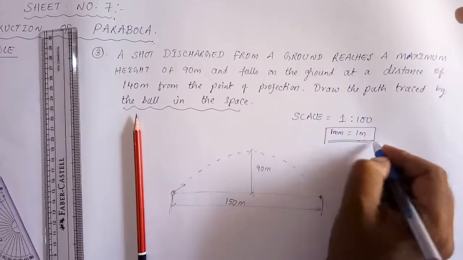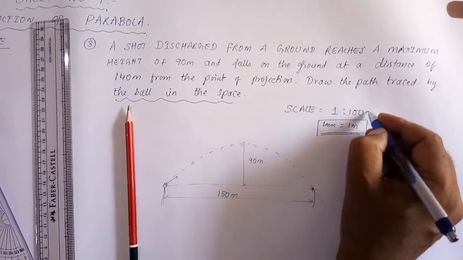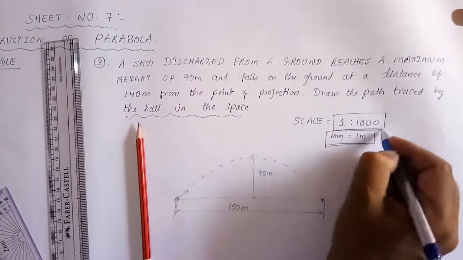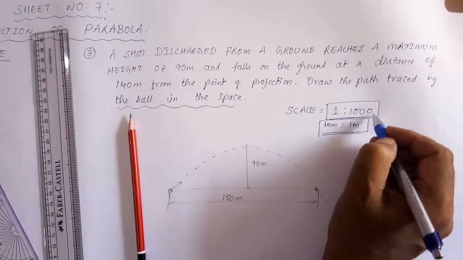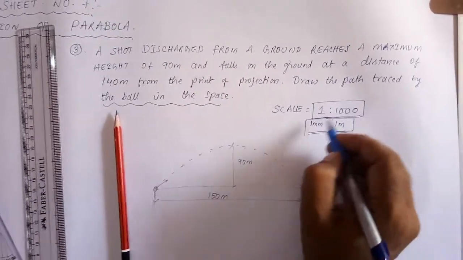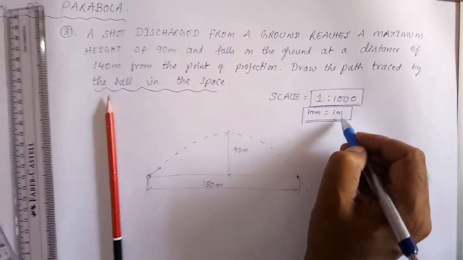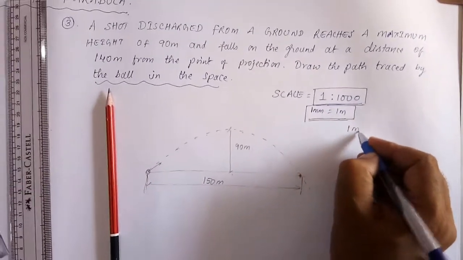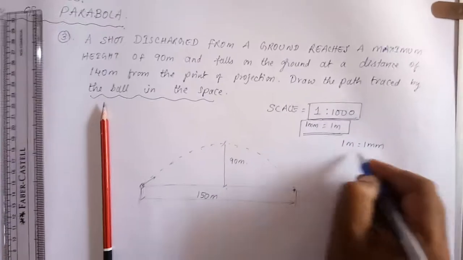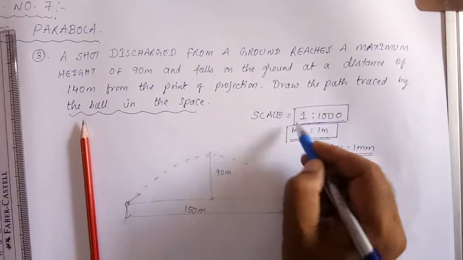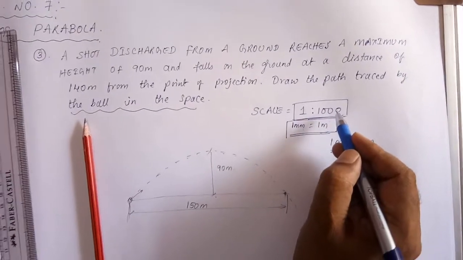You can take a scale of 1 mm is equal to 1 meter. 1 meter is 1000 mm, so 1 mm is equal to 1 meter scale you can select. Then the scale will be equal to 1:1000 scale. You can select a scale of 1:1000.